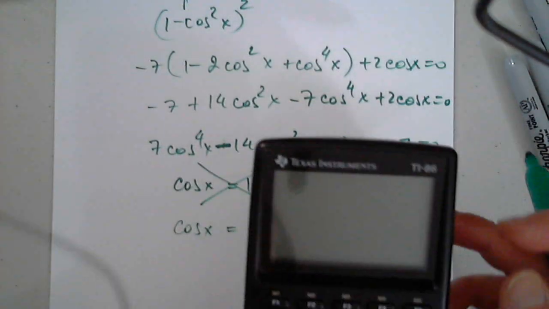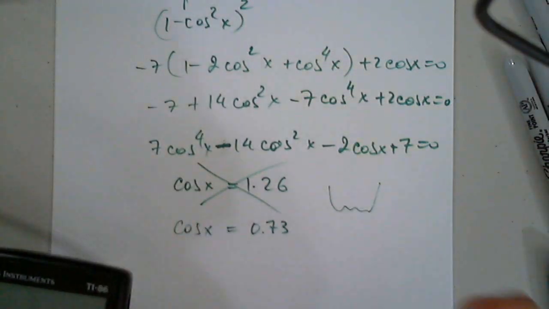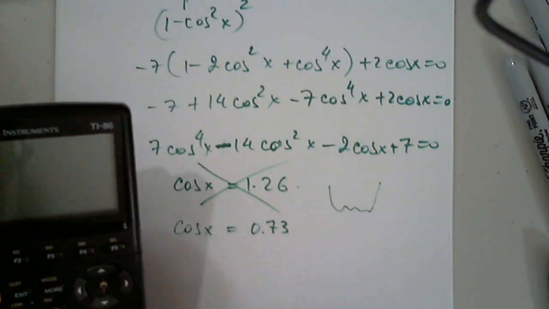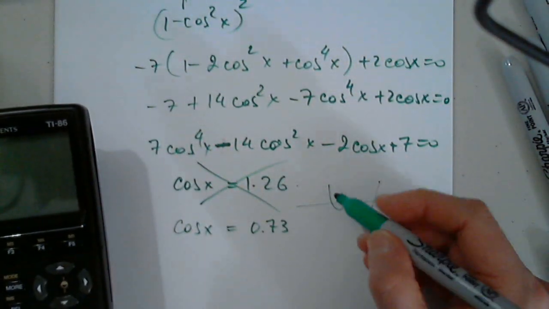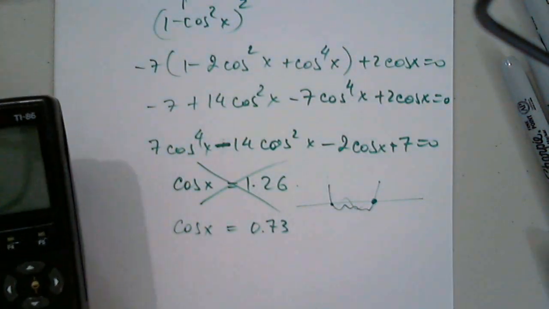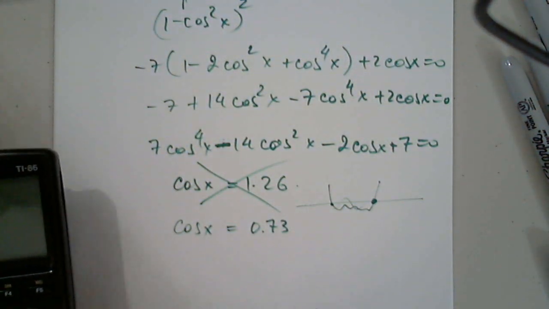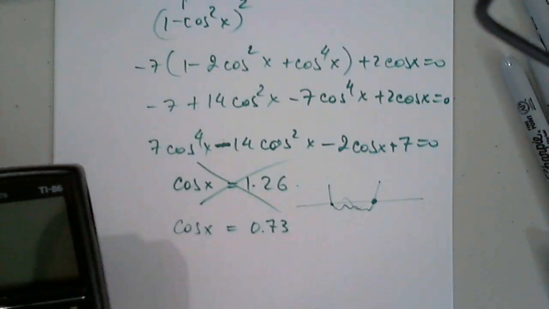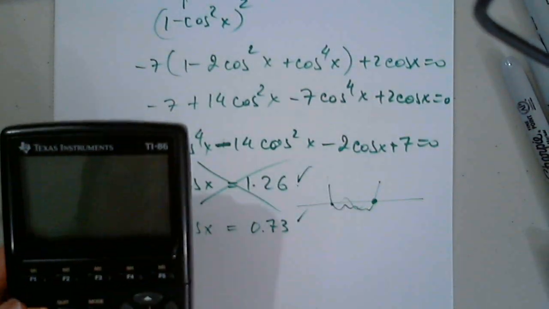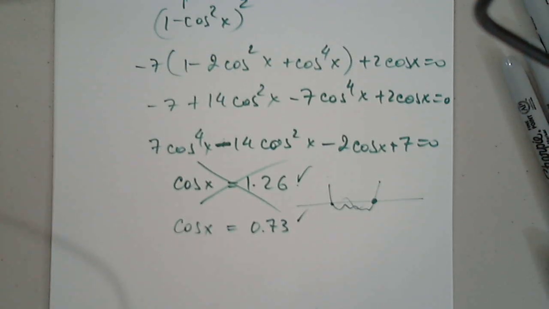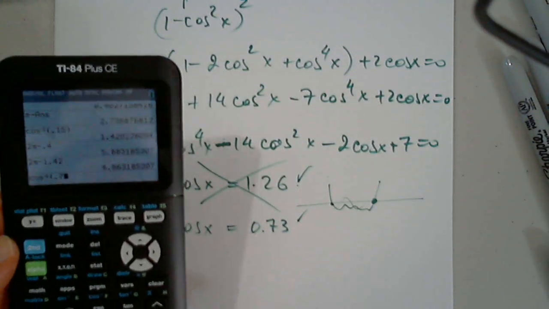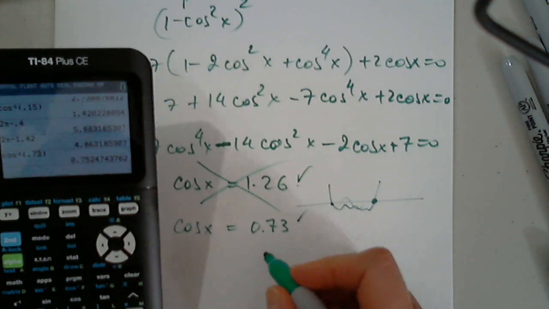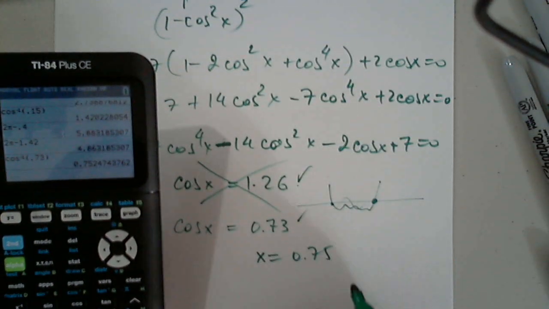Degree 4 cannot cross the x-axis once. It has to cross twice, 4 times, or none at all. It cannot have one, but this one is not acceptable, so that's correct. Two solutions. Okay, so now I want cosine inverse 0.73. Okay, so I got that x equals 0.75.